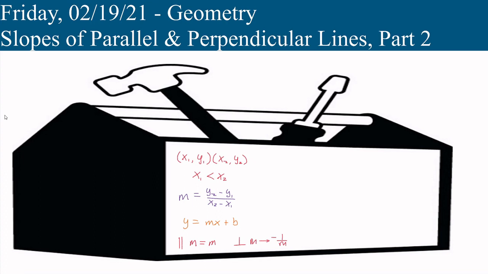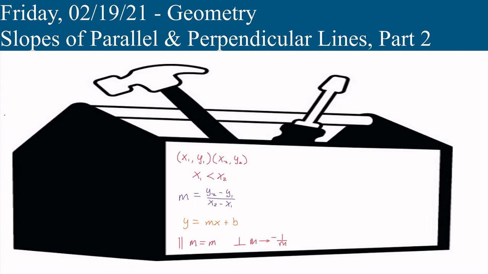So here we had a positive m. We're going to flip it upside down. m is now in the denominator. And we're going to give it a negative sign. It's the negative reciprocal of your original slope. It's the complete opposite. We have flipped it upside down and made it negative. If it's already negative, you're going to make it positive. You're going to make it the complete opposite of your original. So these are important. Okay?